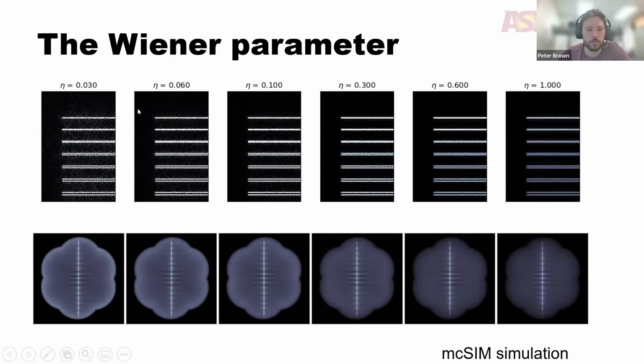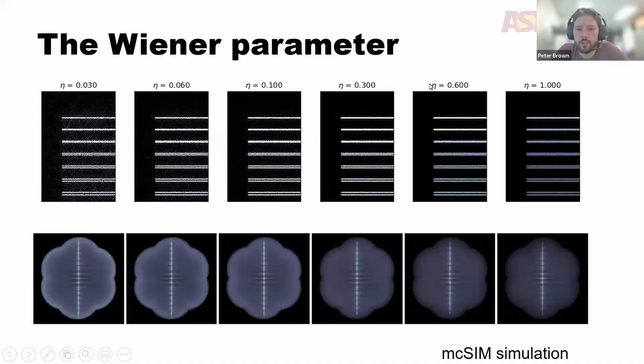As we increase the value of the Wiener parameter, the noise amplification at the edge decreases and the hammer stroke also decreases. At some point, we seem to have a quite reasonable compromise where we have very little hammer stroke, very little noise amplification, but still a nice resolution. So for example, resolving this line pair here.